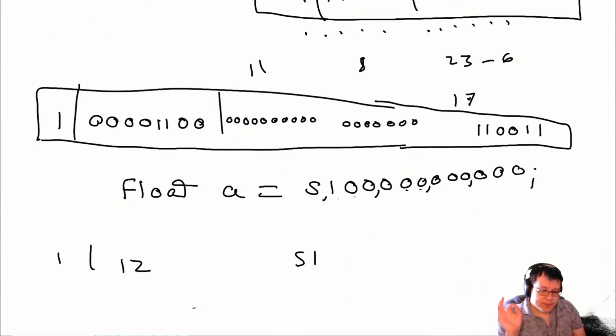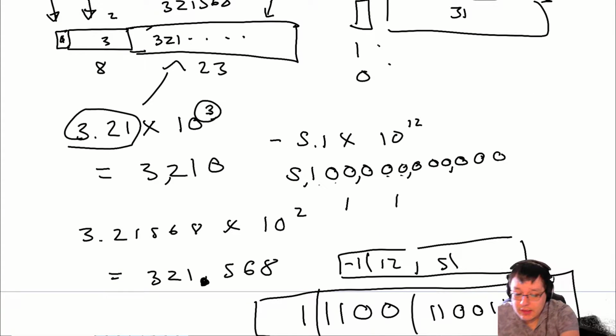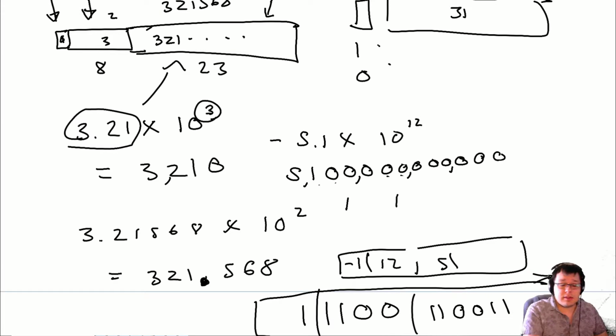Here's the issue though. Yes, I can store really big numbers and really small numbers actually, because I could have 0.00000051. I could just have a negative here, and now I'm storing a really tiny number like 5.1 trillionth of a number. But there's a catch.